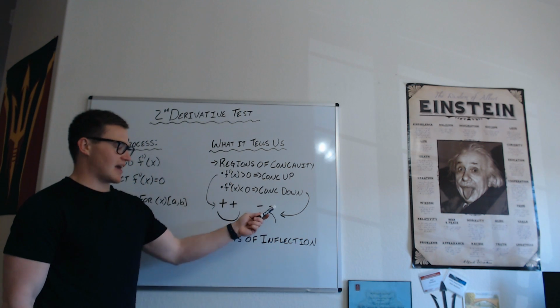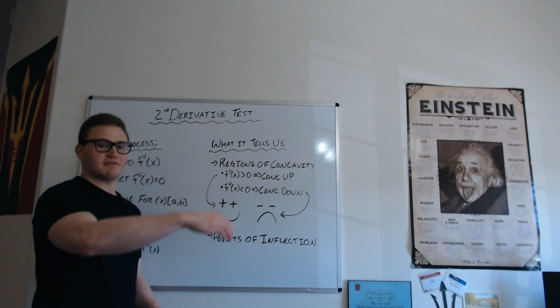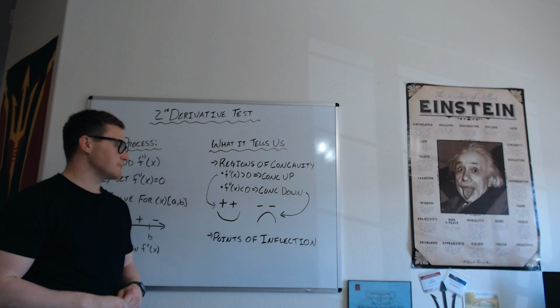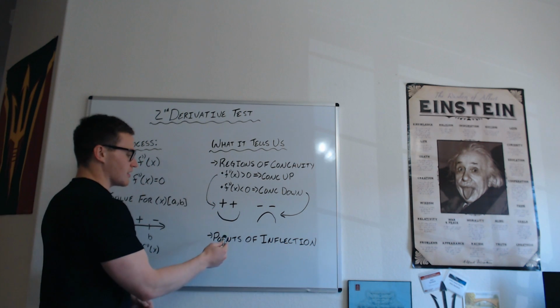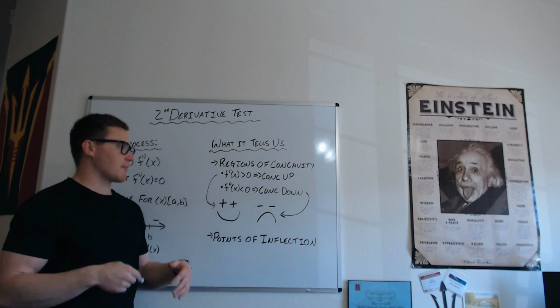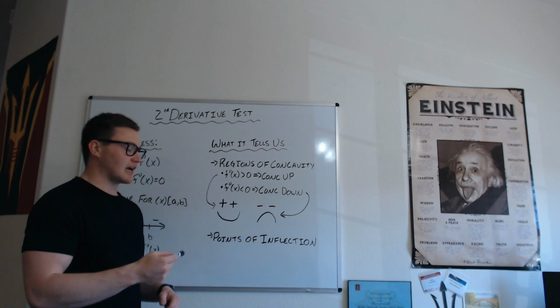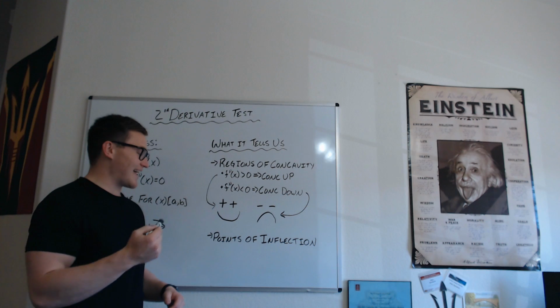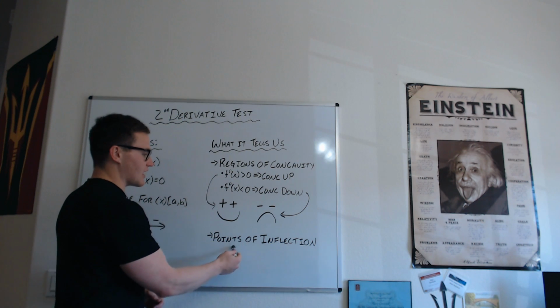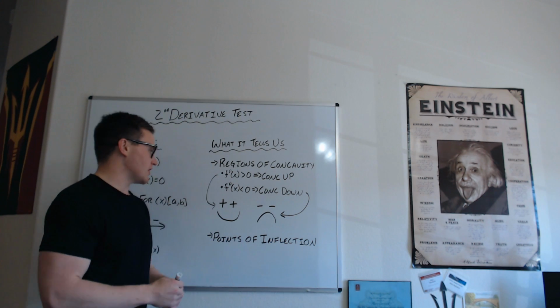So we draw this sad, angry face because we're concave down, and it goes down like that. Additionally, the point where f double prime changes sign from positive to negative or negative to positive, that's where we're going to have a point of inflection.